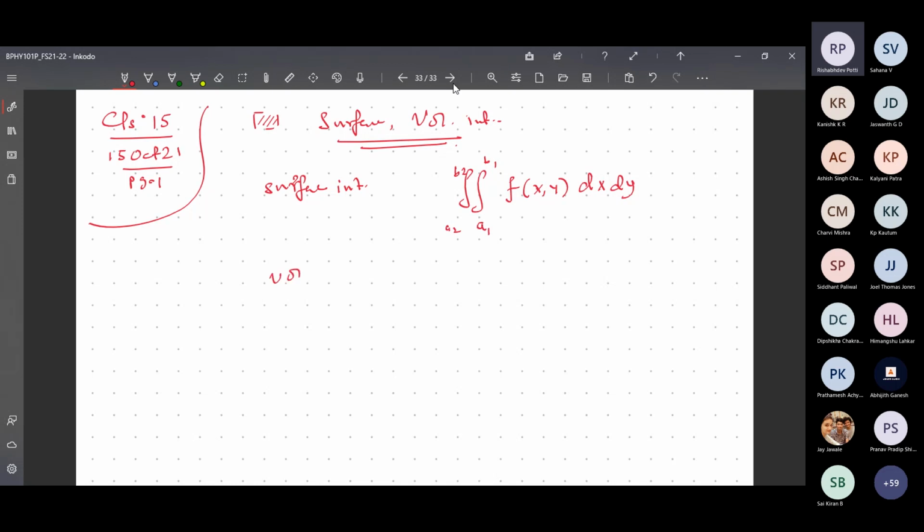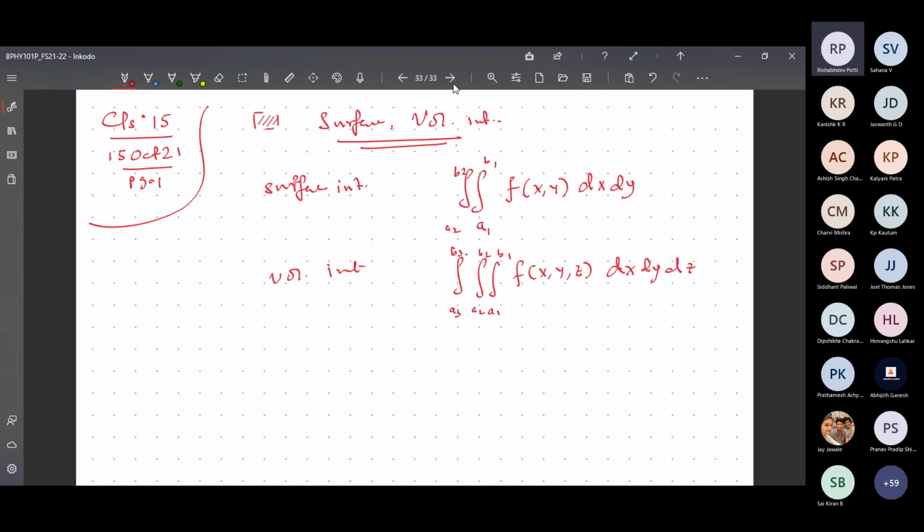Similarly, the volume integral is relevant if I have three variables: a1, b1, a2, b2, a3, b3. This is a volume integral.